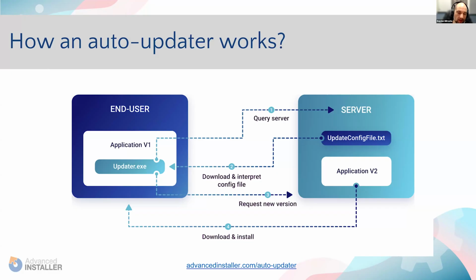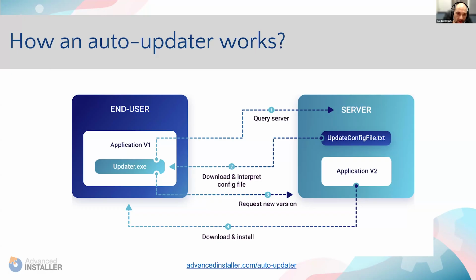You can let the user choose to install the update. You can automatically install it as Chrome does, for example, with its silent updates. You can have multiple channels of updates for beta and general releases of your applications, or for different languages.